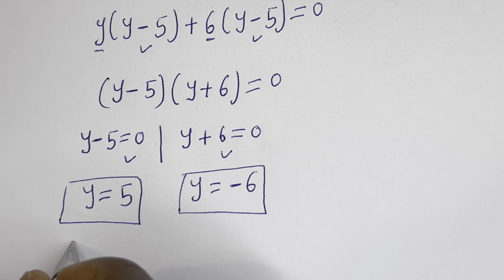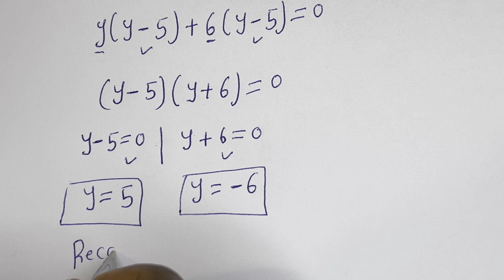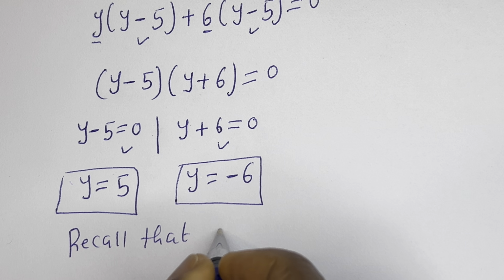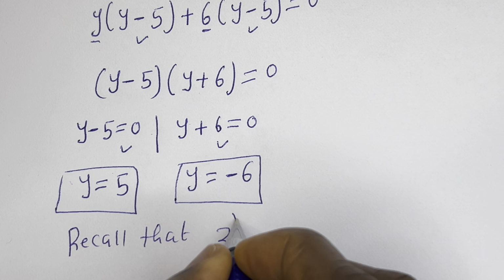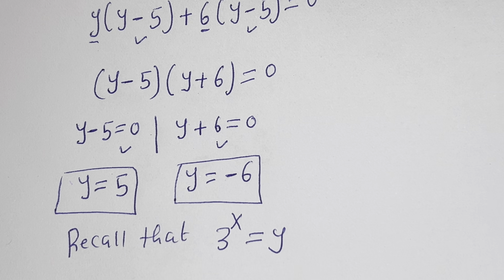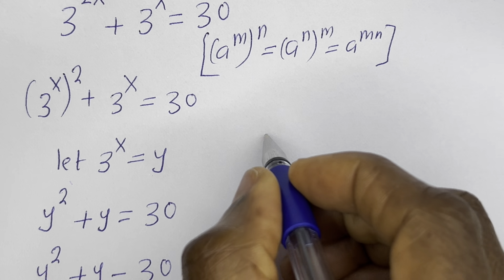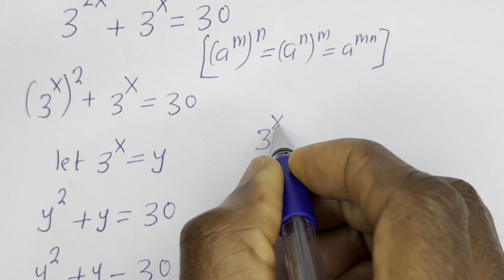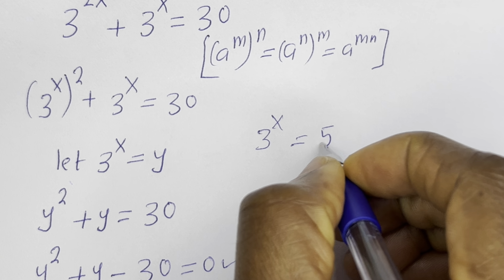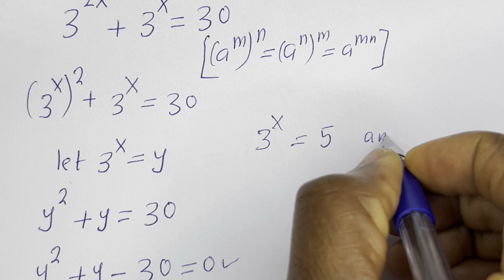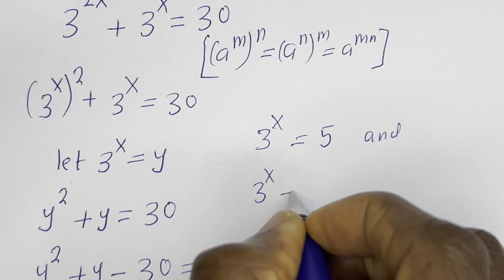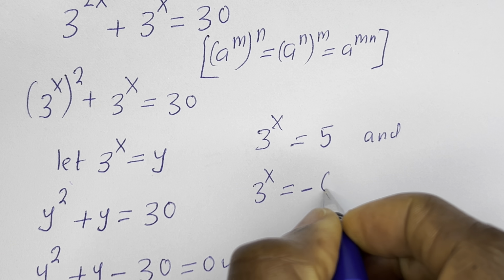Recall that 3 to the power of x is equal to y. Then 3 to the power of x is equal to y1, that is 5, and 3 to the power of x is equal to minus 6.